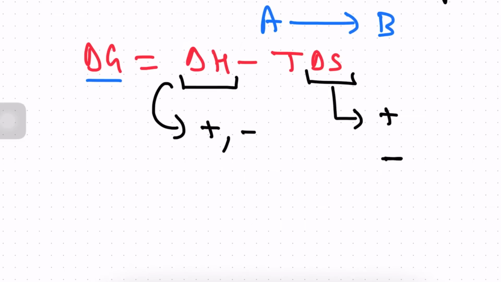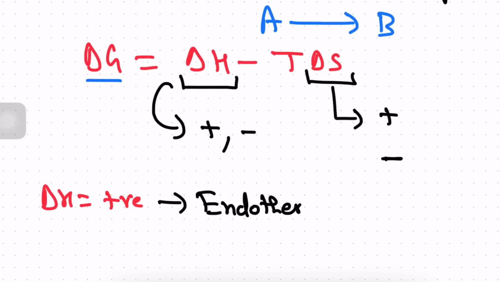Now suppose delta H is positive, meaning your reaction is endothermic, and let us take this example where the delta S value is also positive.